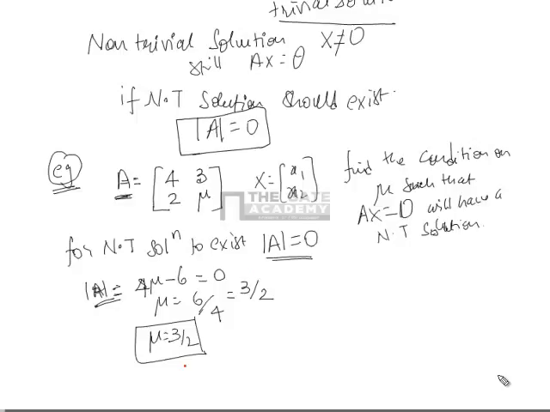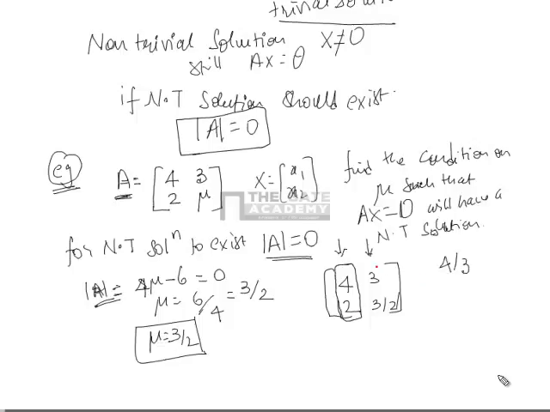Now let us go ahead and see what happens when mu is 3 by 2. I will have 4, 2, 3, 3 by 2. Observe that I can reconstruct this column from this column. How? By multiplying by 4 by 3.